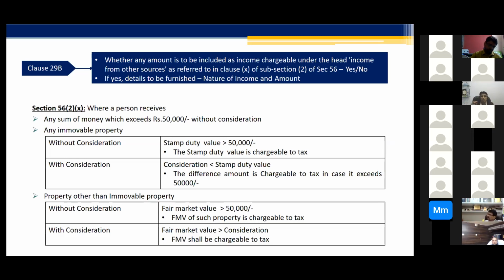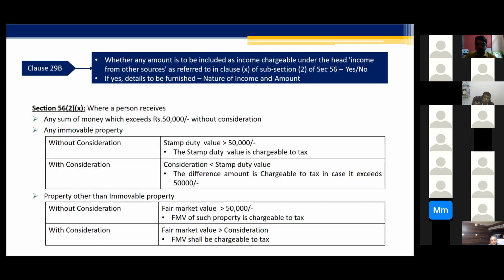What it says is whether any amount is to be included as income chargeable under the head income from other sources as referred to in clause 10 of 56, yes or no. If yes, it will be furnished. So you have to give actual details of the income which is needed to be included under 56.2.10.